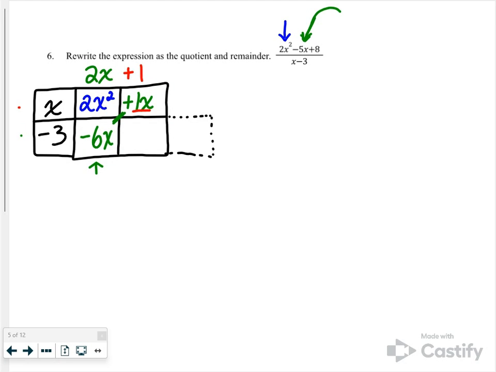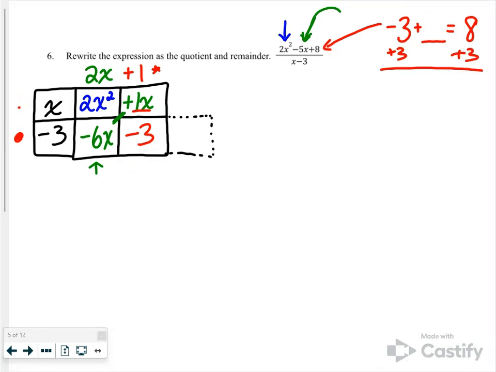However, now that I know that this must be a 1, I'm going to multiply the 1 times the negative 3, and that creates negative 3. That is an issue because we're supposed to have plus 8. So that means that negative 3 plus something is going to make an 8. If we do the math there, we add 3 to both sides, and we now know that 11 is what we needed to add there.